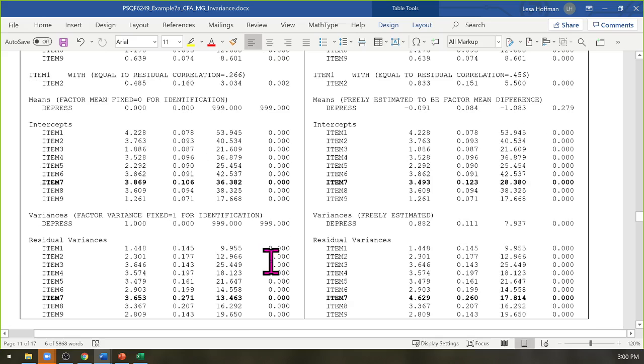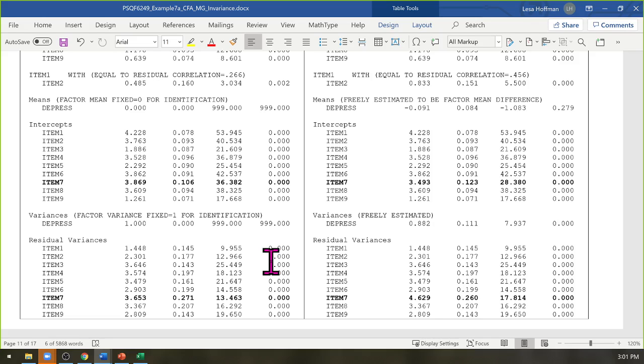So in this analysis, with the exception of item 7, everything looks good for the potential to be able to compare men and women. Because the loadings were able to be constrained across groups, that means that we can talk about factor variance as representing the same idea in men and in women. Like what the factor means is the same thing because of the way the items relate to the trait.